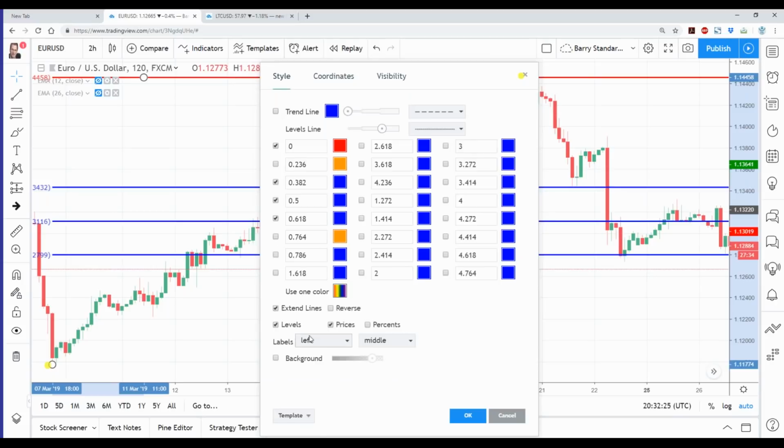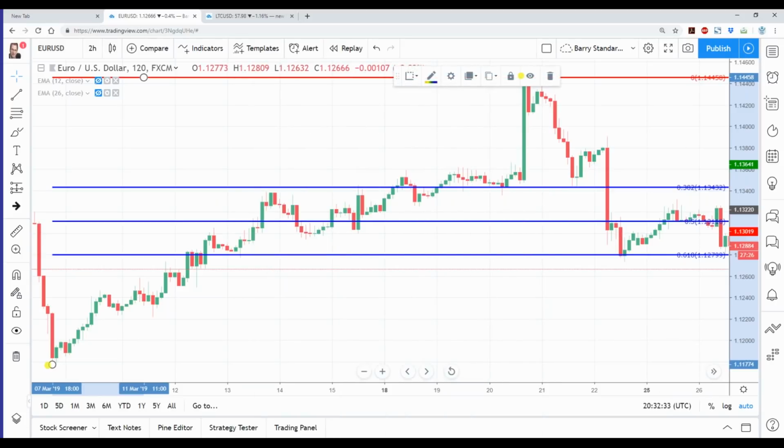I'm just trying to put labels to the right, so you can see on the right here the level and the price. So that's 0, 50, 61.8.